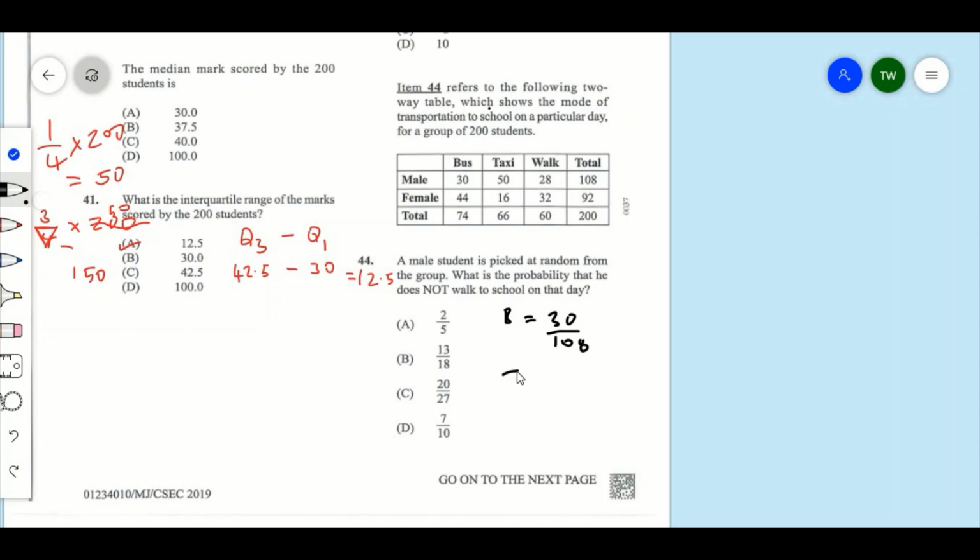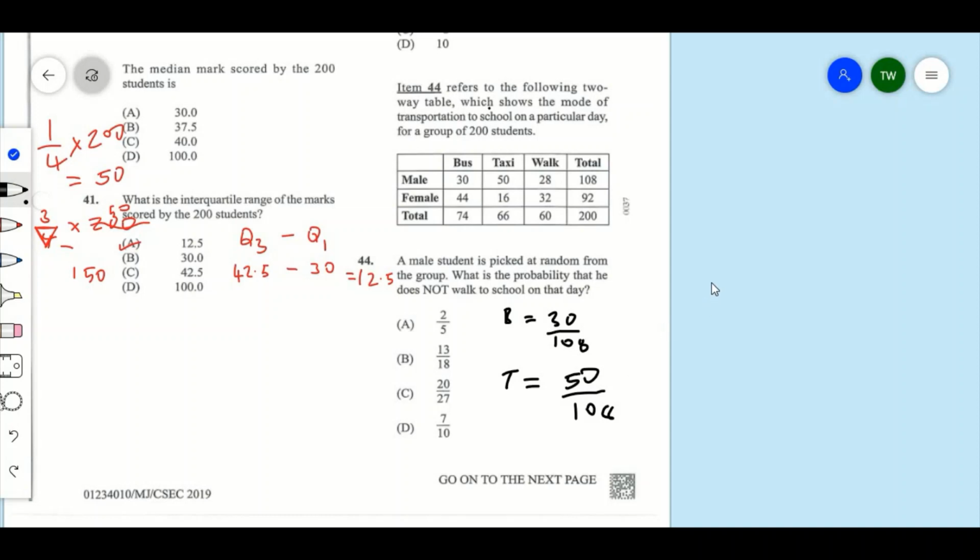And the probability of taking taxi, I'm just going to use T for taxi. The probability of taking taxi is going to be 50 males out of a total of 108. Now, the probability of taking either bus or taxi is just going to be the sum of these two probabilities.